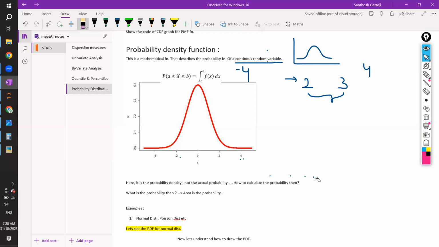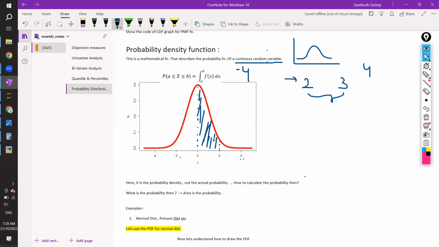Now, if I ask what is the probability for this random variable to fall between only 0 and 2, you can find this area. How? Integration will give you the area.